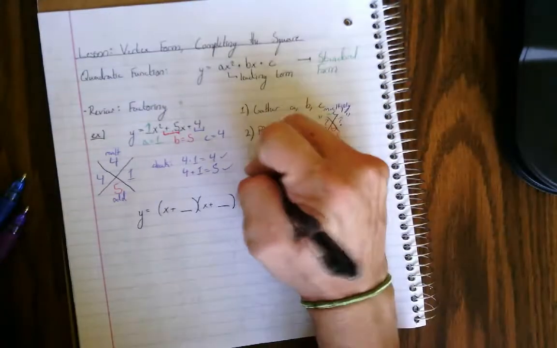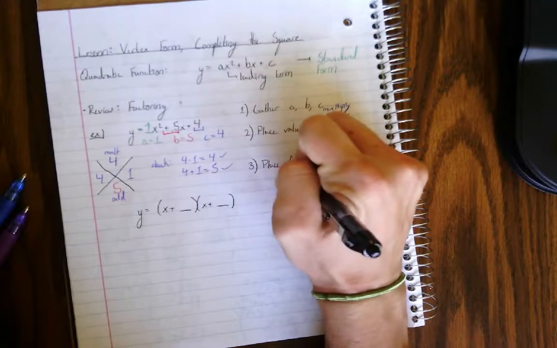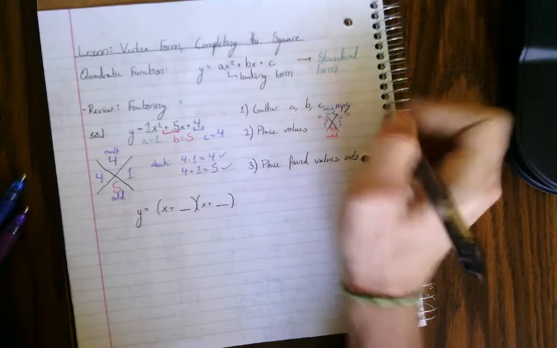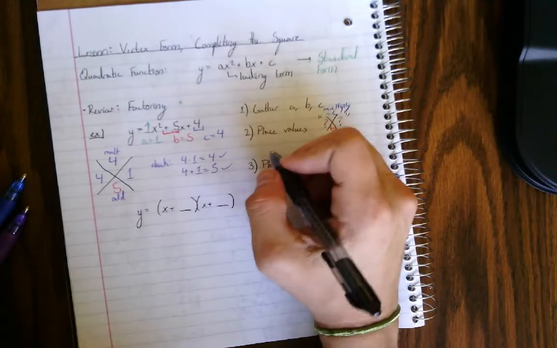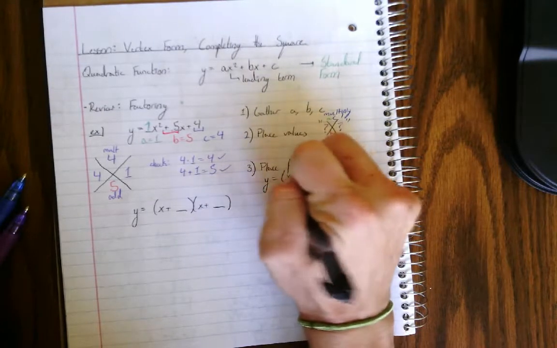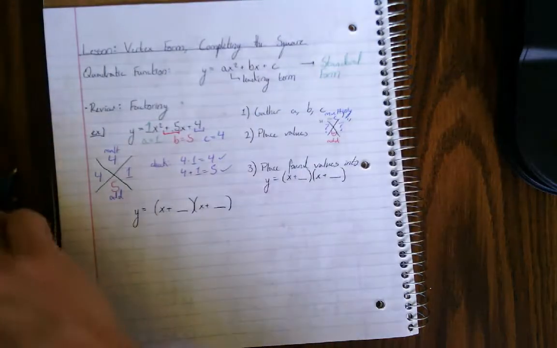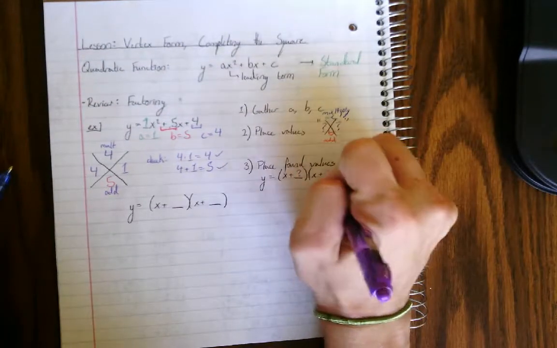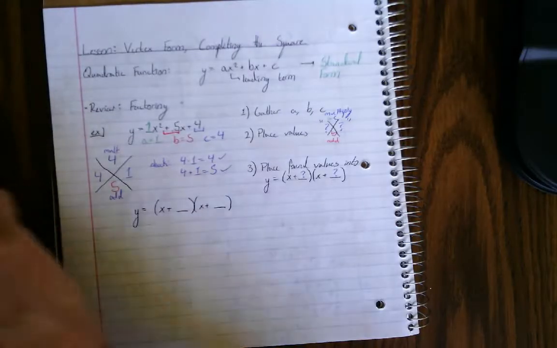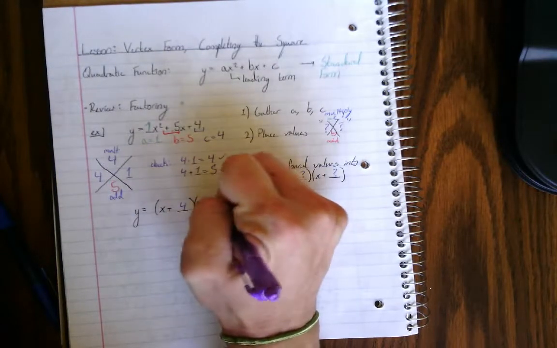So that's step 3: place found values into y equals x plus the first found value times x plus the second found value. So these are going to be the values that we were looking at that multiplied up to the top and added up to the bottom. So in this case, we found that we had a 4 and a 1.